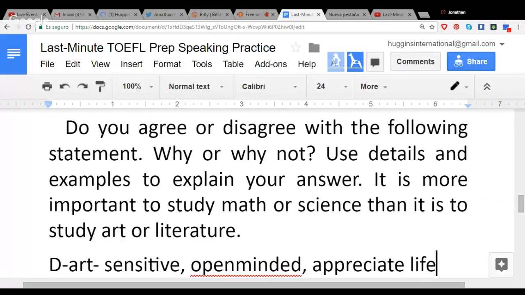I think math and science makes people very objective, and art really helps people expand and broaden their horizons.